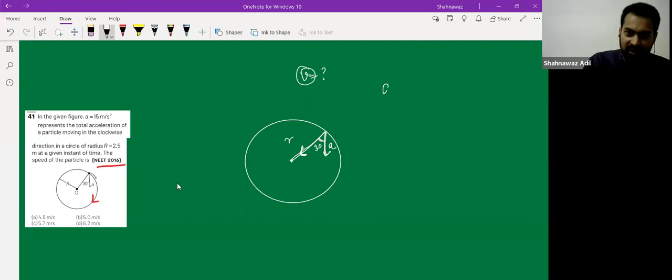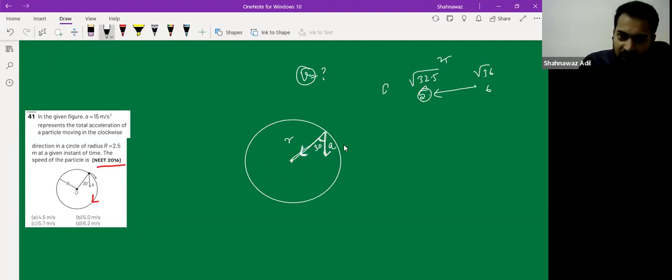Is it 6.2 or root 32.5? Root 36 is 6 and root 25 is 5, so in between is about 5.7. Arpit's answer is 5.7, and Sanya's answer is D.